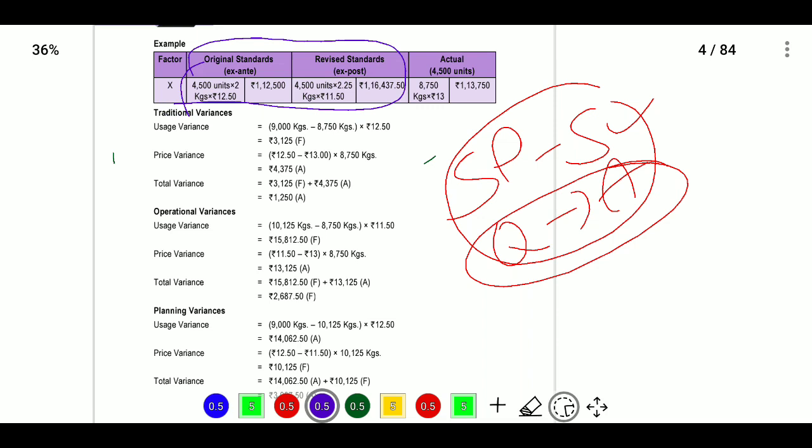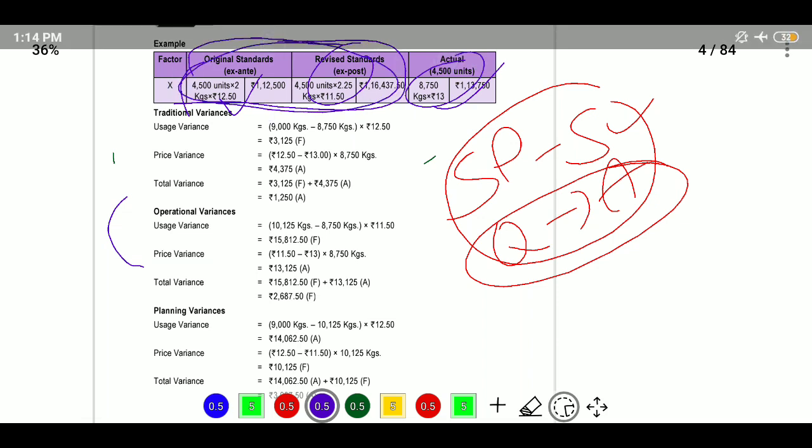Traditional variance is what we took first, and we compare against it. In operational variance, at the time we have information, we revise our standard. So operational variance means revised standard against actual, and planning variance means the two plannings: the original standard and the revised standard.